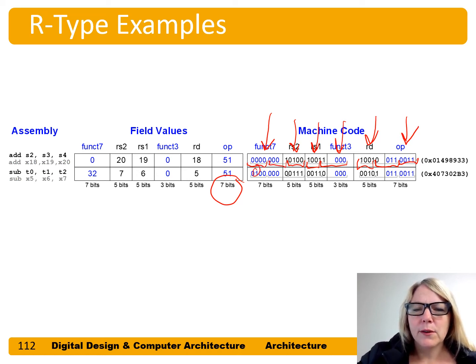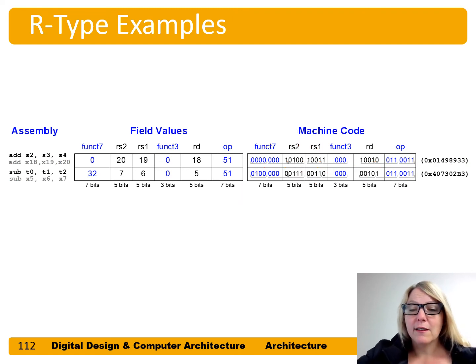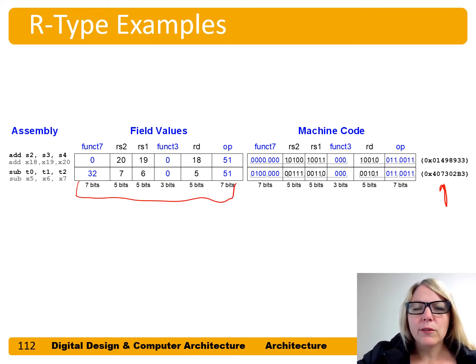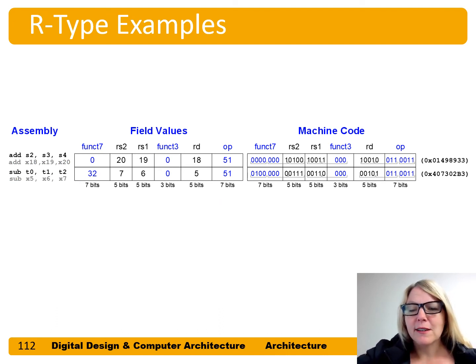So right, we have 0, 1, 4, 9, 8, 9, 3, 3. And so here's our hexadecimal representation of that instruction. And the same thing for our add instruction, right? Once we've entered the fields, we write those fields in binary, and then we gather groups of 4 and write the hexadecimal digit associated with that group of 4.